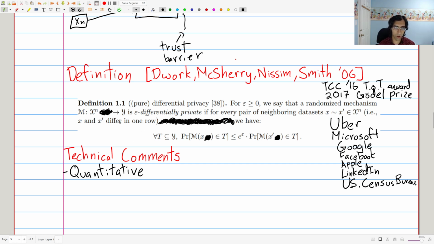So it's a quantitative notion where a smaller epsilon corresponds to better privacy. And what is epsilon exactly? How big should we think of it? It's kind of a small-ish constant. What is reasonable? Say 0.1 is a reasonable lower bound.